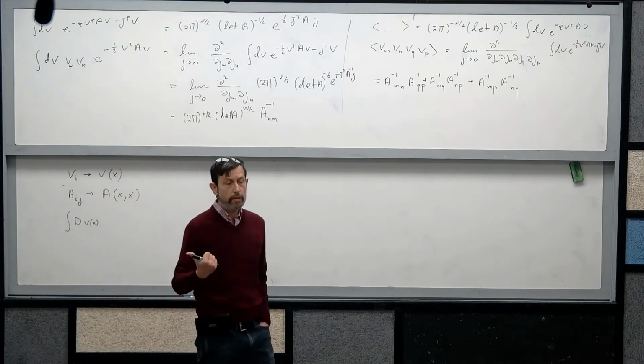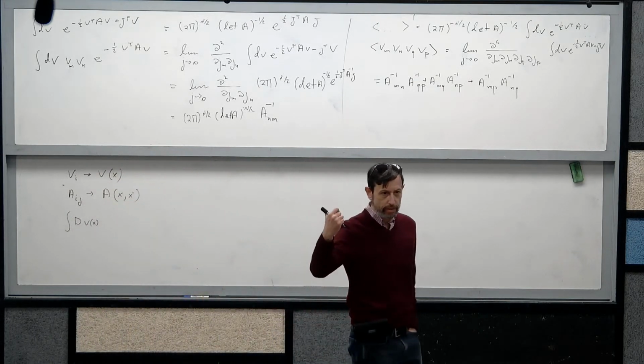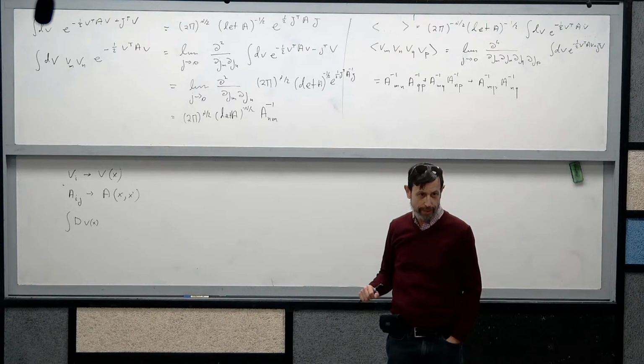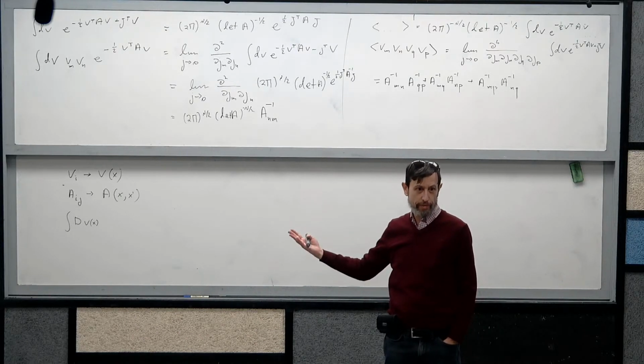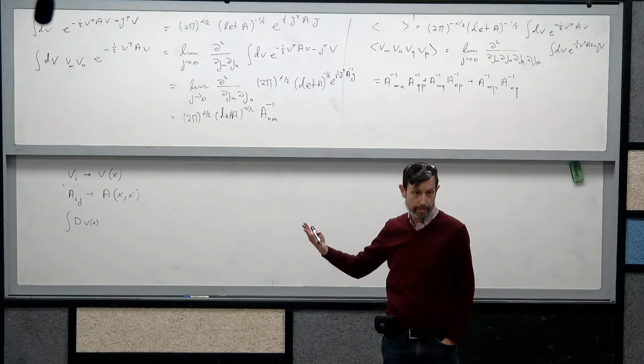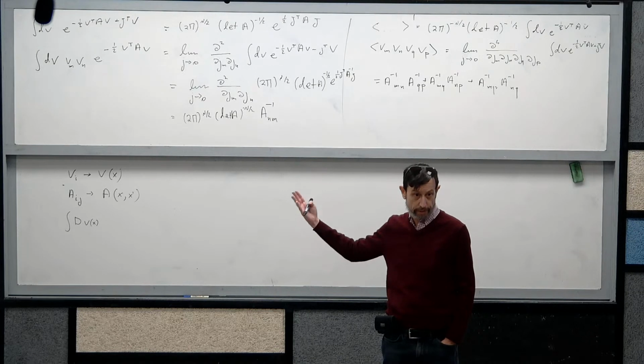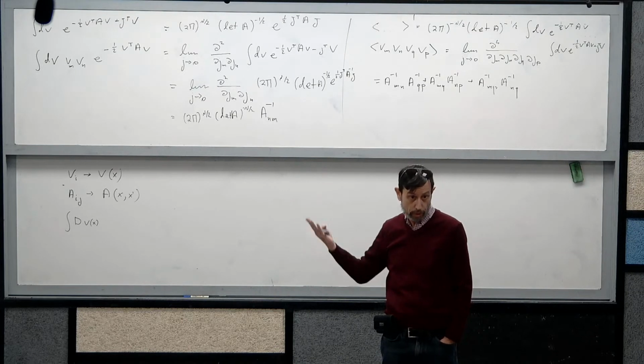Instead of doing an integral over v1, v2, v3, v4 that we did before, I'm doing a functional integration over vx. What does it mean? Taking all the possible configurations of v over the system, which is equivalent.